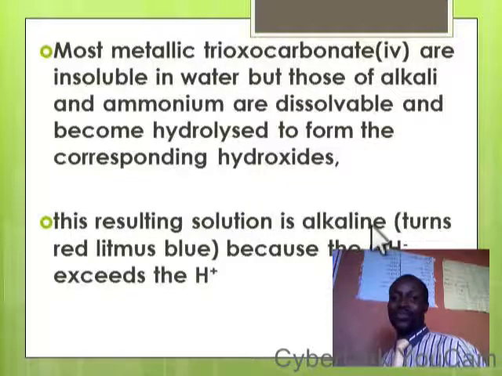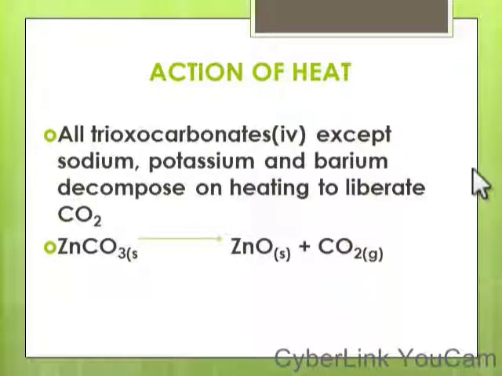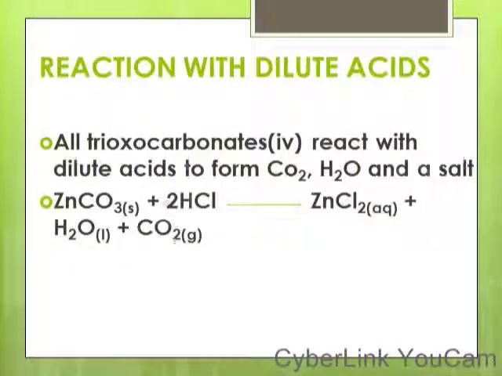Their resulting solution turns red litmus paper blue because the OH- is more than the hydrogen ion present. Action of heat: all trioxocarbonate(IV) except sodium, potassium, and barium decompose to liberate carbon(IV) oxide.